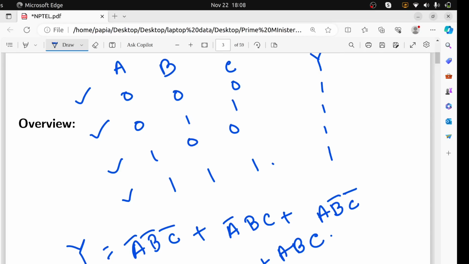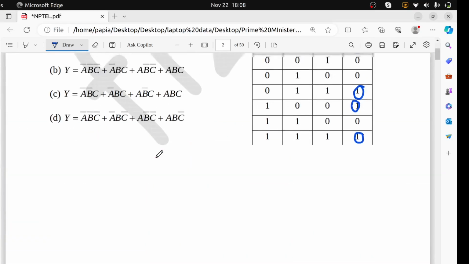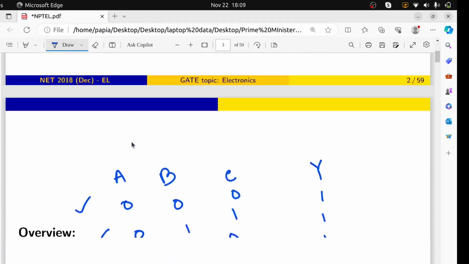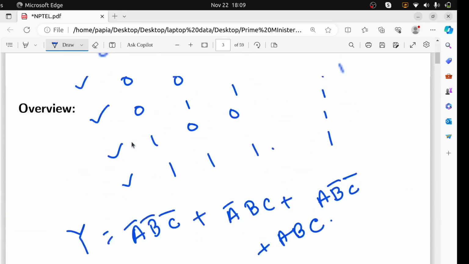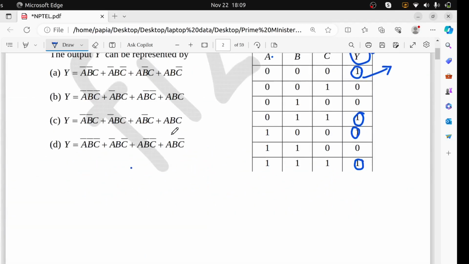That is the output. So let's check that one: a bar b bar c bar, a bar b c, a b bar c bar, a b c. This one. So that means our B will be the correct one.